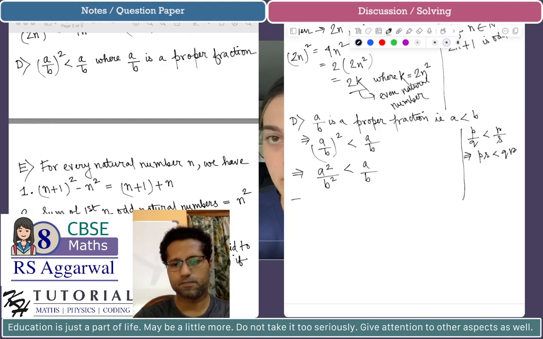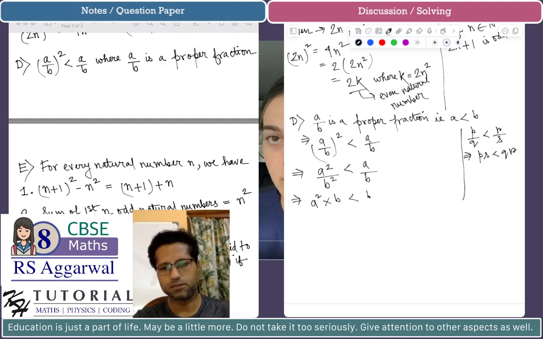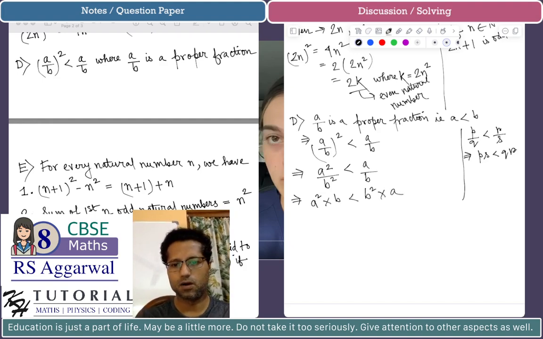Now if you apply the concept here, if you do the cross product, A square multiplied by B is less than B square multiplied by A. Now I can cancel out one A from both sides and one B from both sides.